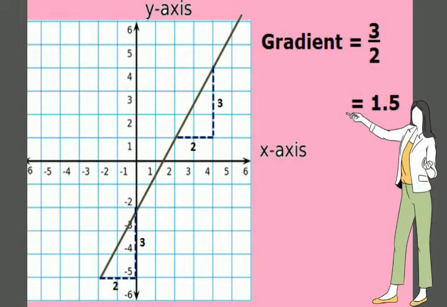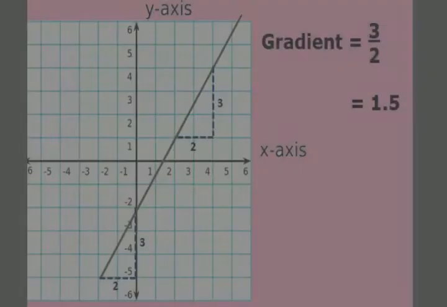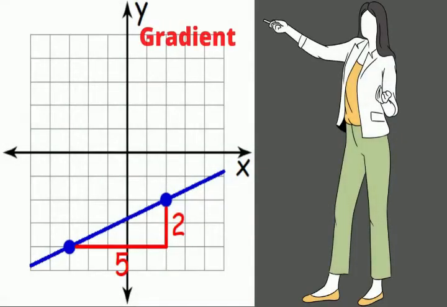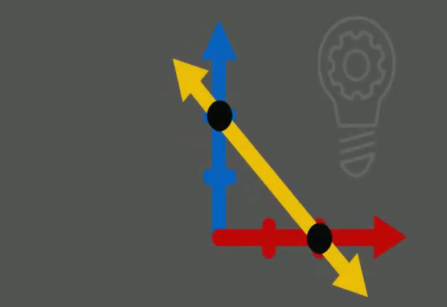Therefore, the value of the gradient is 1.5. If you want, you can convert the value in the decimal, or if you want to keep your value of the gradient in fractions, you can write it as 3 divided by 2 or 3 upon 2 as well. This is how we work out the gradient of the line which is already plotted on the graph.